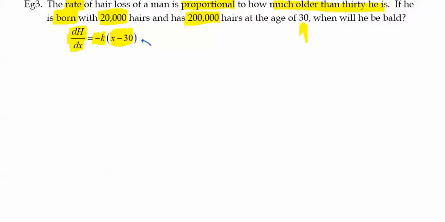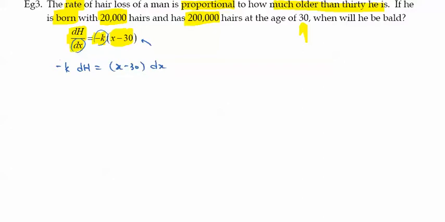We can now separate the variables and integrate both sides at the end. Let me bring the dx to the right hand side and move this constant term to the left hand side. Negative k dh equals x minus 30 dx.